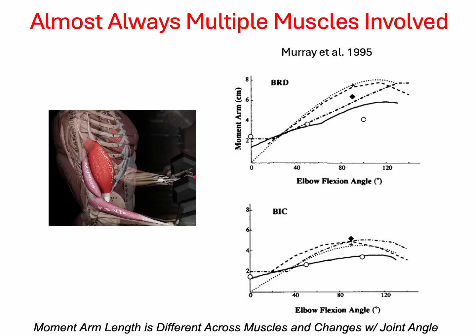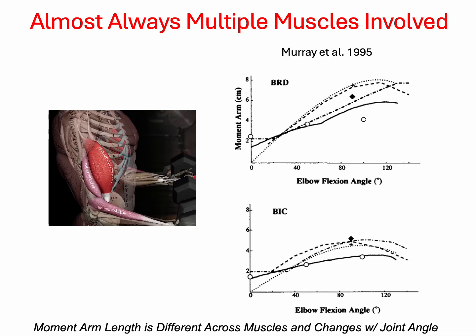This is the final factor that we're going to discuss today. As I mentioned before, and I showed you in the brachioradialis, the moment arm changes length as you move through different joint positions. Not only that, remember, there are almost always multiple MTUs involved, and this is a comparison of two, brachioradialis compared to the biceps brachii.